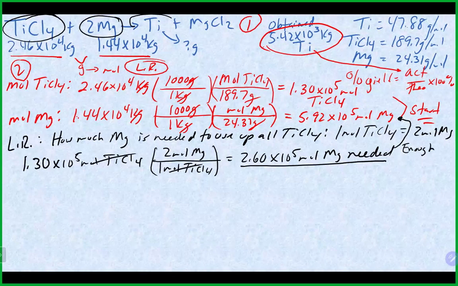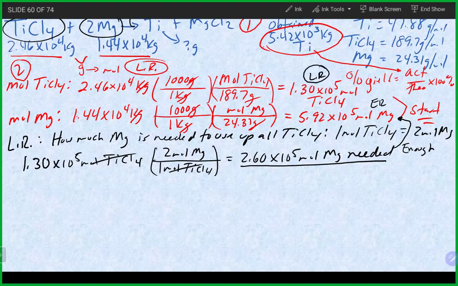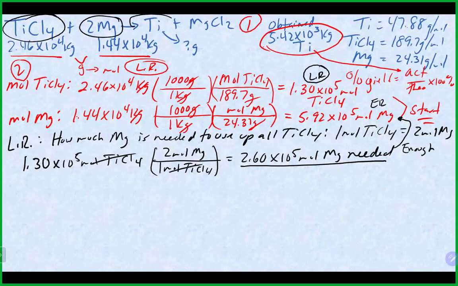That's not always the case. You may, again, end up with not enough, which means it's the limiting reagent, and the other one would be the excess. Here, TiCl4 should be our limiting reagent. And remember, we do want to start with the moles of our limiting reagent to continue on.